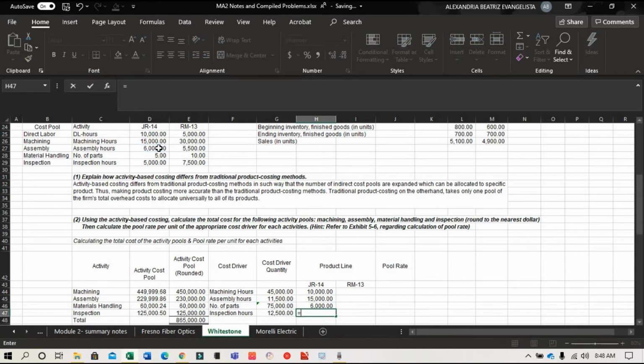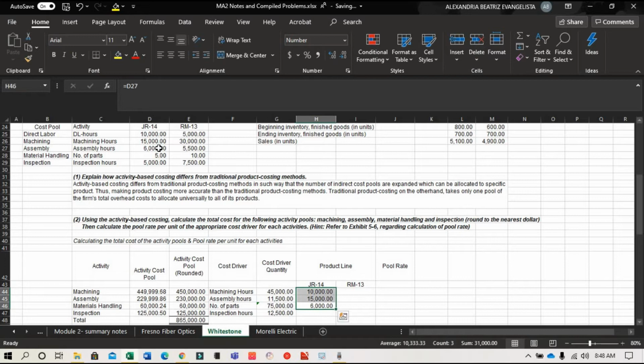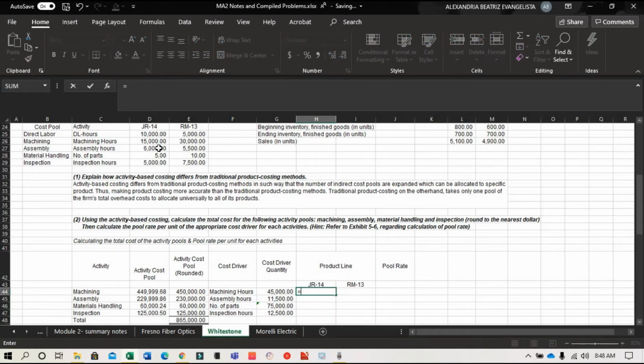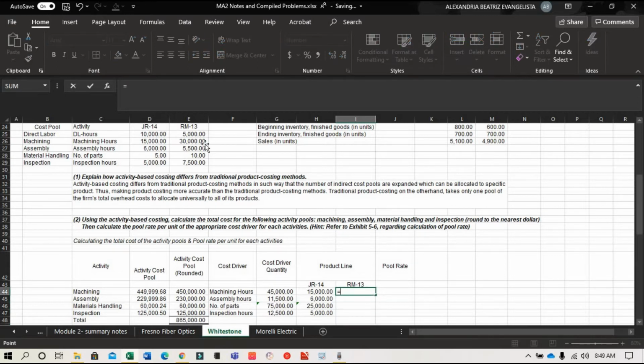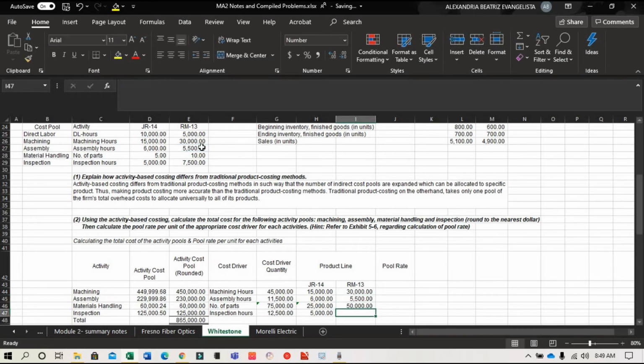Oops, wait, wrong numbers. 6,500 times 5,000 for RM13, 30,000, 5,500, then multiplied by 5,000 and 7,500.